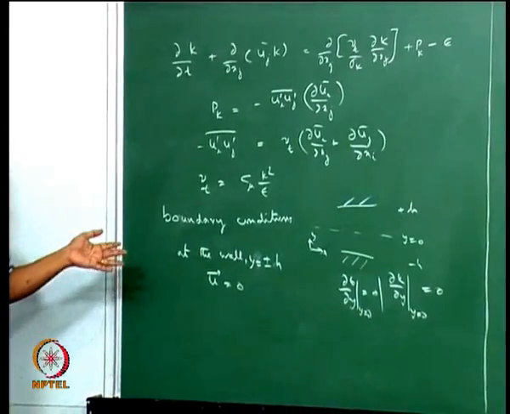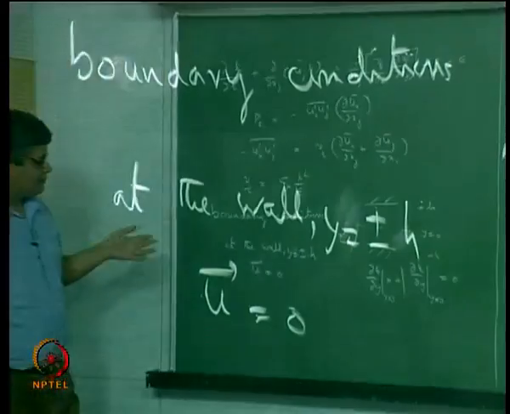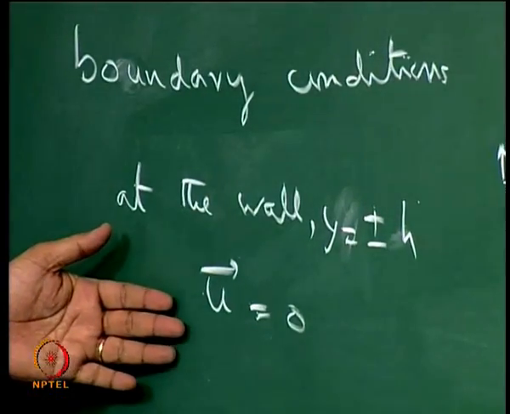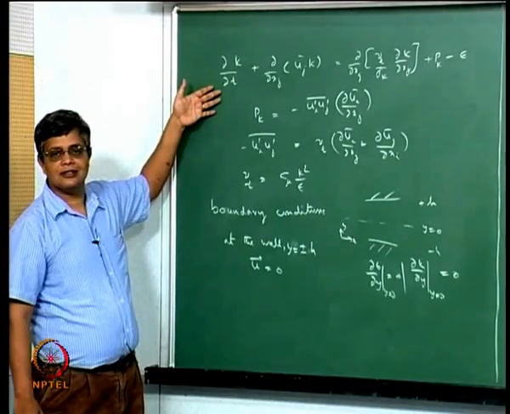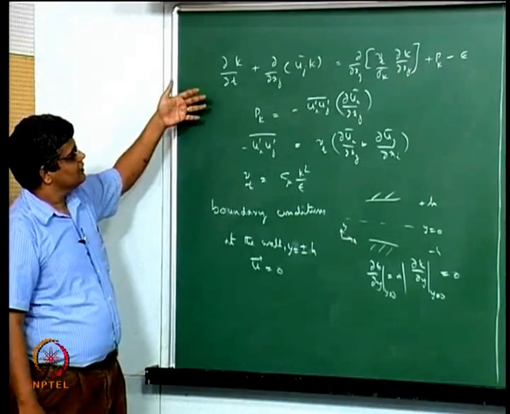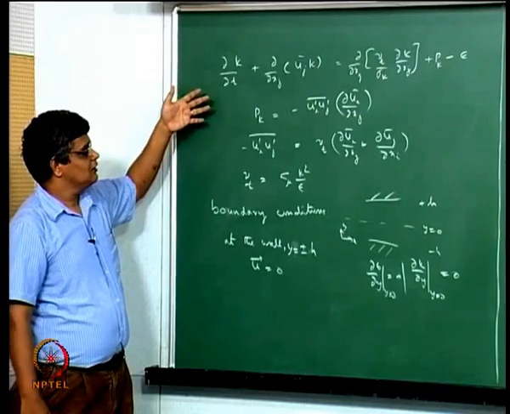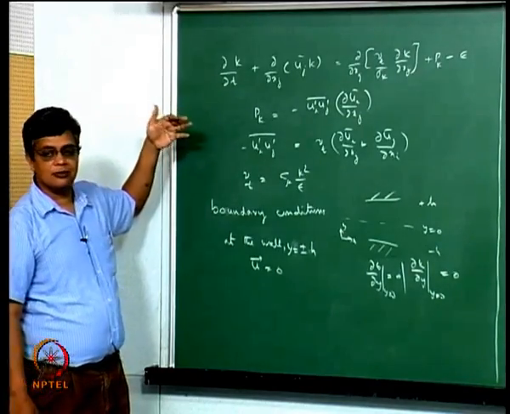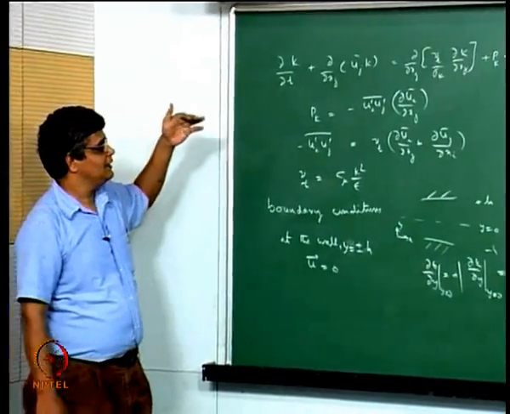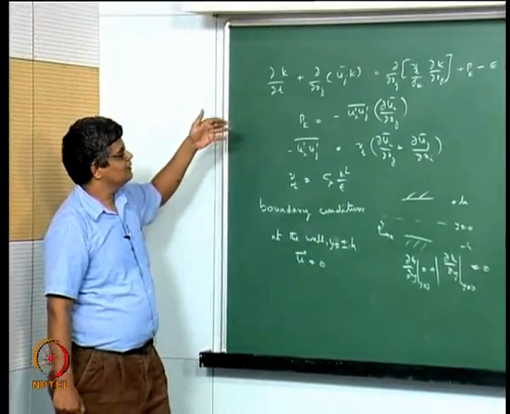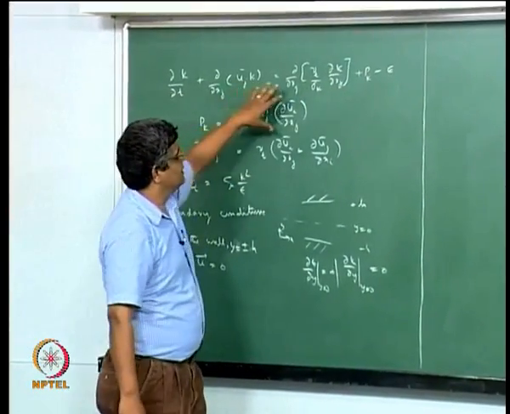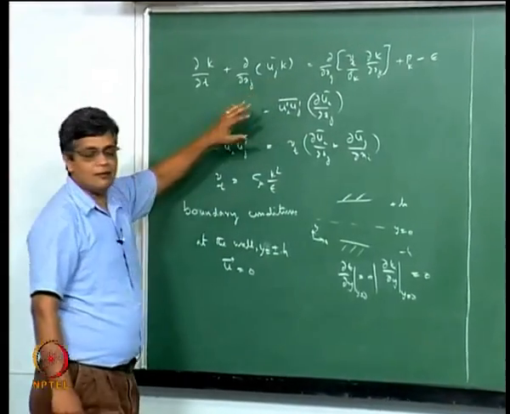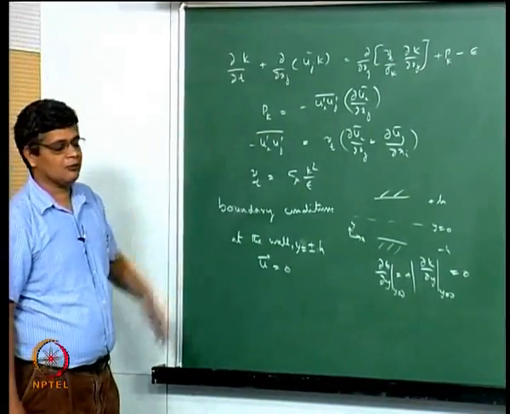Even in turbulent flow this no slip condition is valid, but we cannot use this boundary condition with this kind of turbulence model, because this turbulence model assumes that the turbulence is fully developed and it is strong enough that most of the diffusion and the production terms are uninfluenced by the molecular properties.